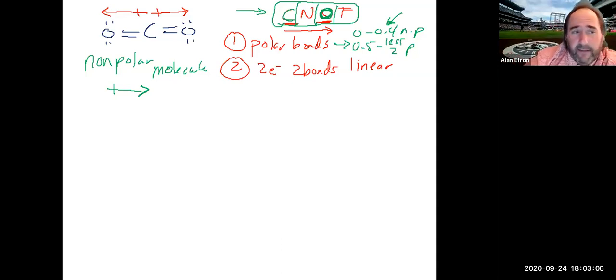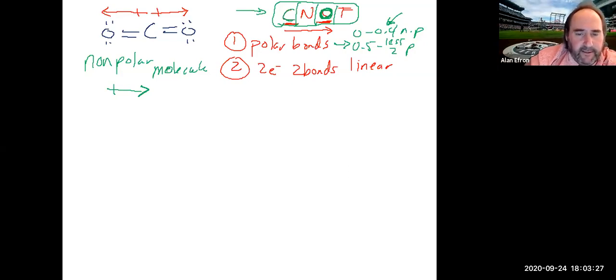So sometimes you really don't need those numbers. You could just use the general trend of electronegativity from the periodic table. In this case, because carbon and oxygen were in the same period, we really didn't even need to look up those values. Other questions on that?